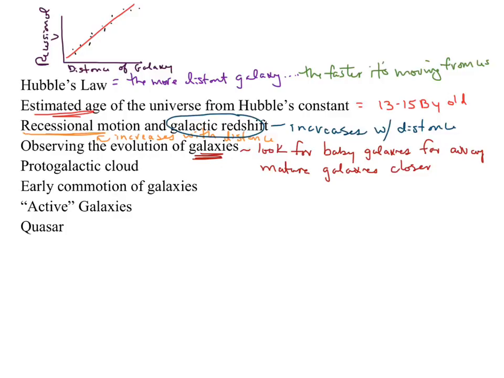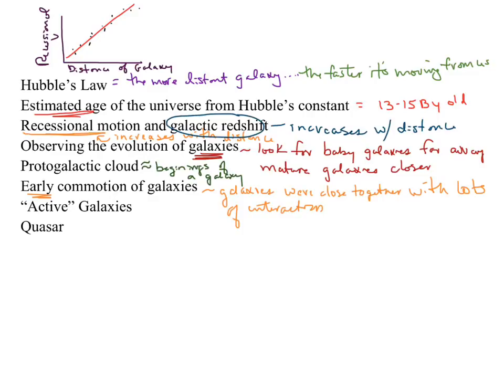The protogalactic cloud is just the beginnings of a disk, or could be a spheroidal, but the beginnings of a galaxy. And the next term is simply saying stuff was closer together early on, so galaxies were more likely to run into each other or interact.